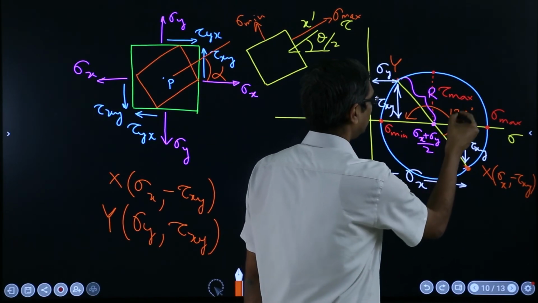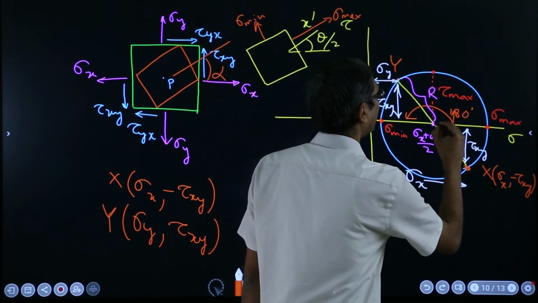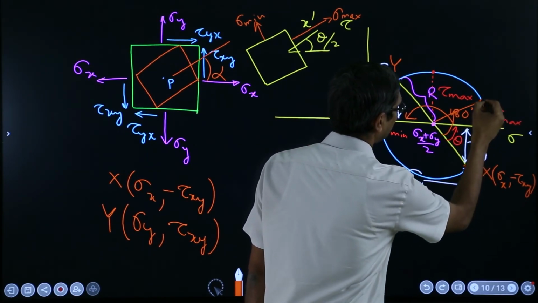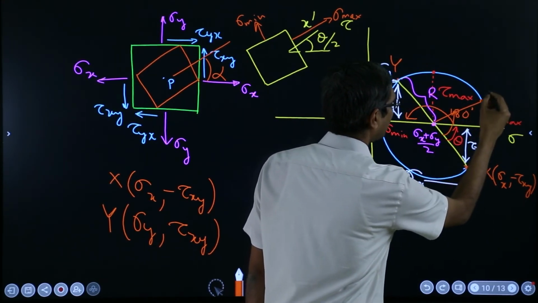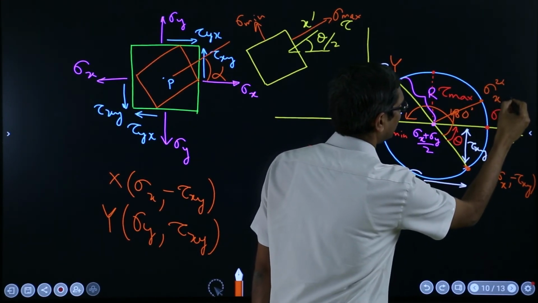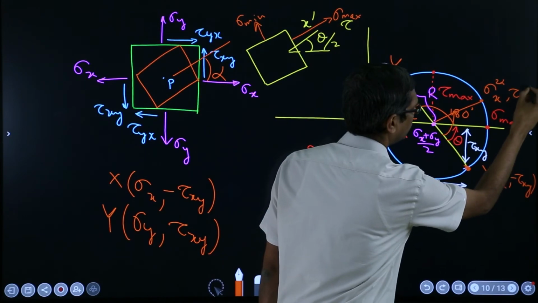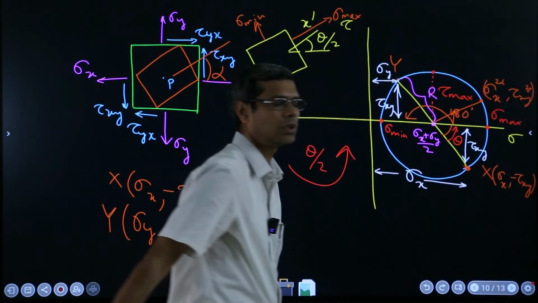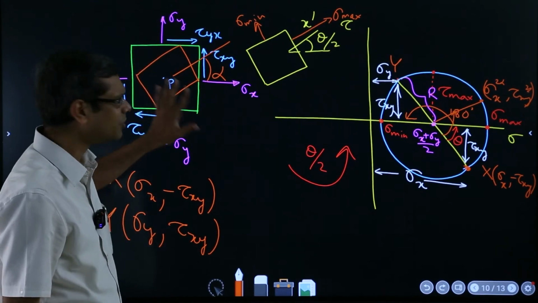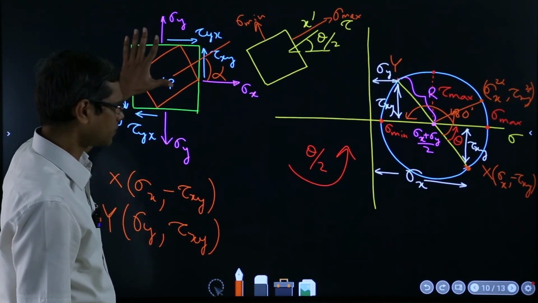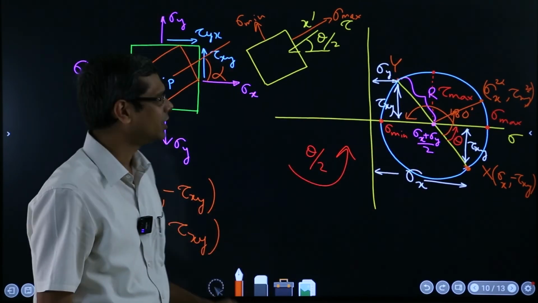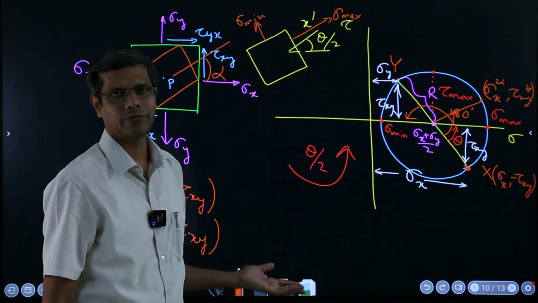So you read 2 alpha on this, and this is the point which makes 2 alpha. Then you read sigma x for 2 alpha and tau xy for 2 alpha, and that will give you the state of the stress at that particular orientation. So once you have drawn this Mohr circle to some scale, you can read all the information that you require.